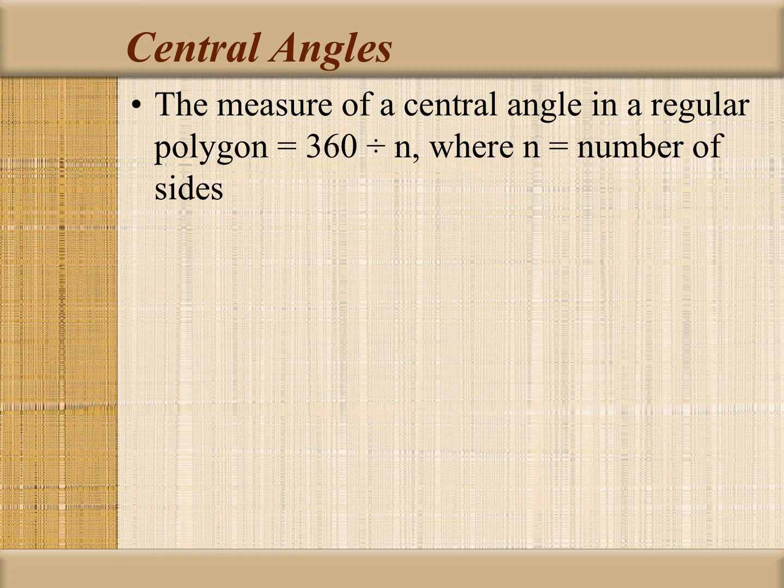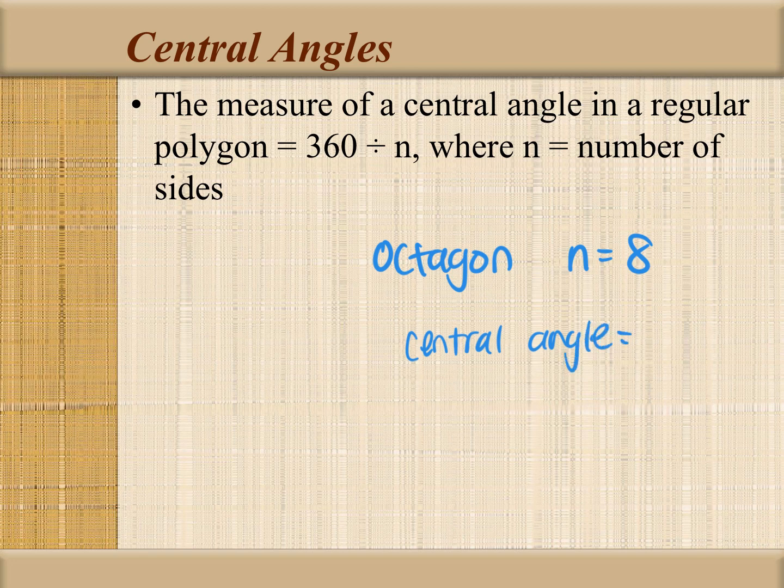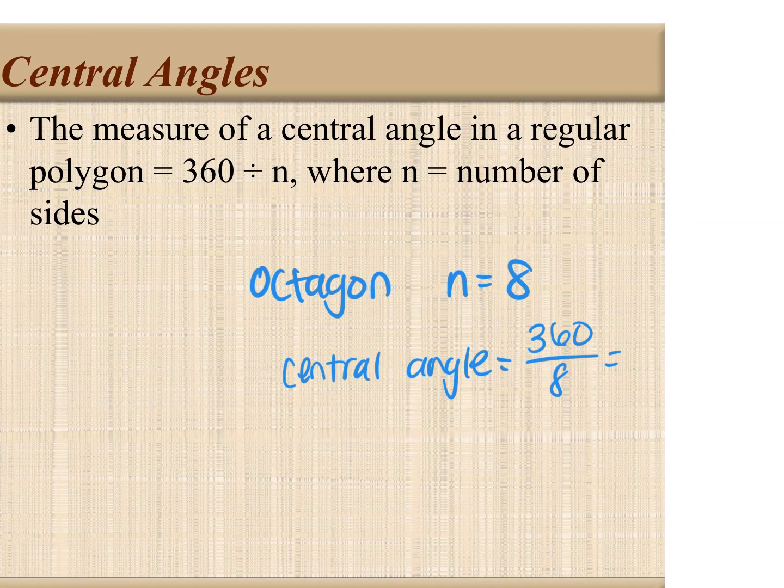So if I'm dealing with an octagon, what is my n value? 8. So my central angle, how do I find the measure of a central angle? 360 divided by 8, which in our calculators, if we plug that in, is 45 degrees.